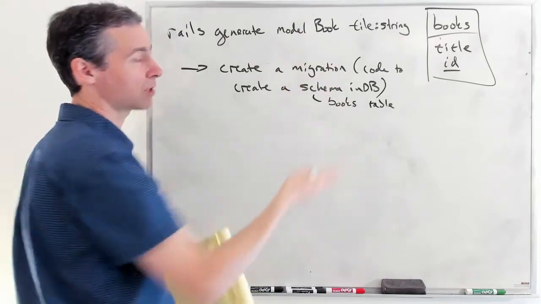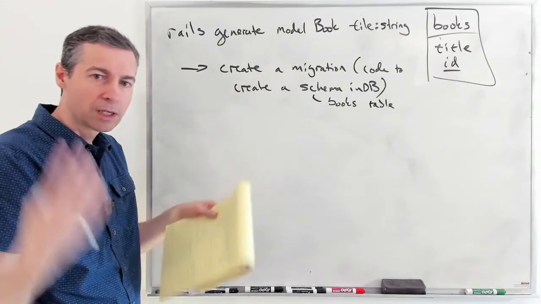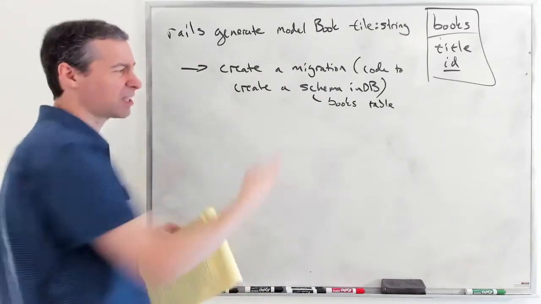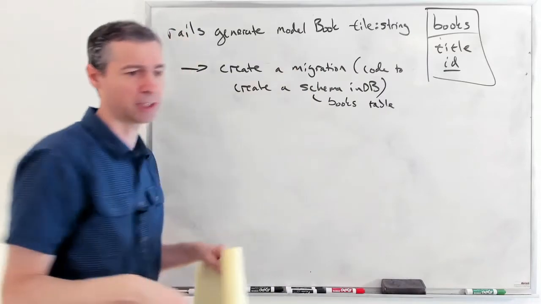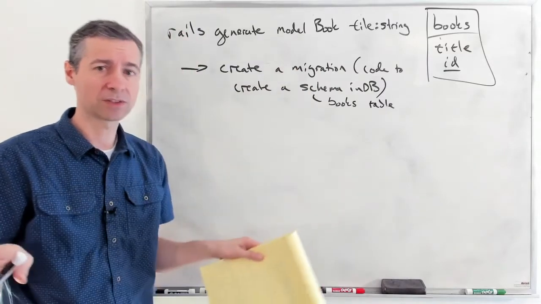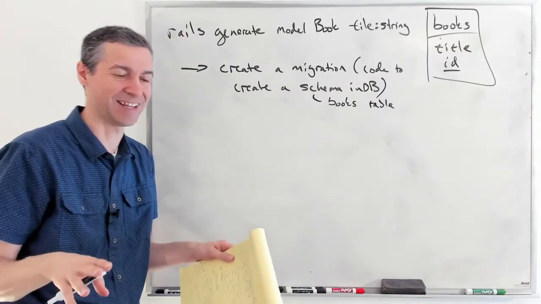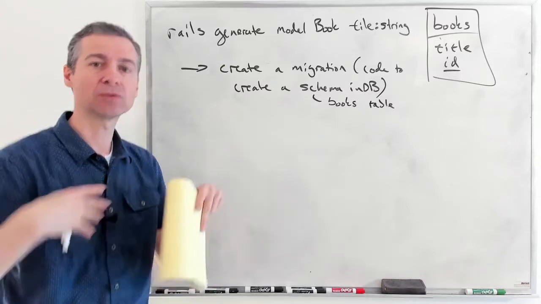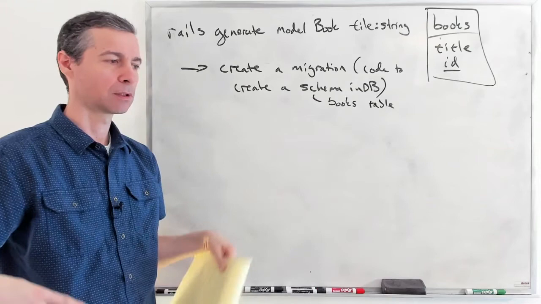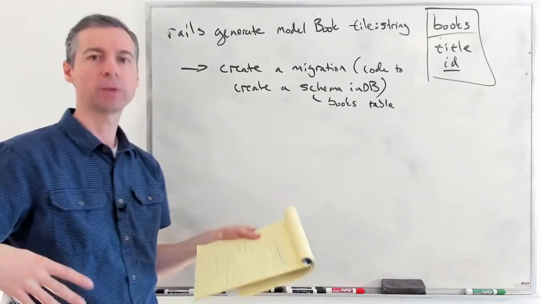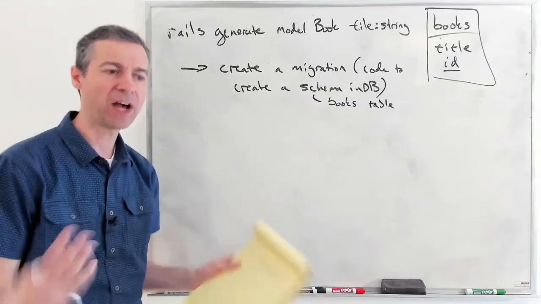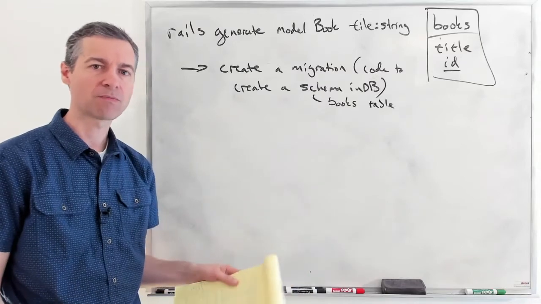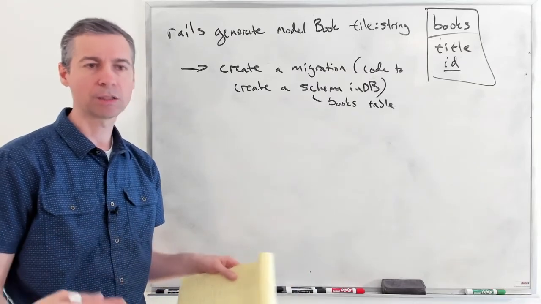Sometimes it screws up, and if it can't figure out how to do the pluralization and stuff, I don't think that's a good name for your table. I mean, for your model. Don't fight Rails. Go with the flow with Rails. If you fight it, you're going to lose.